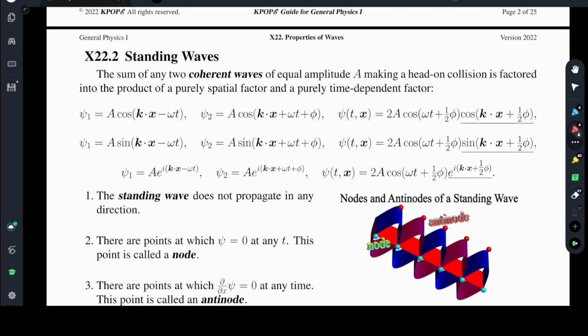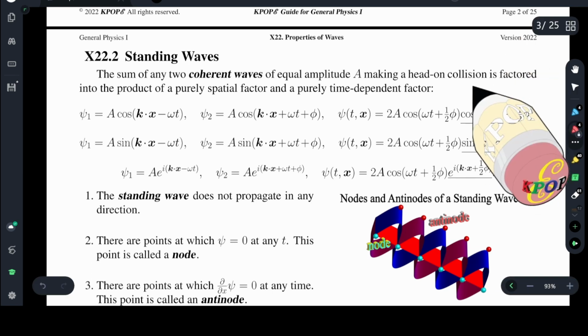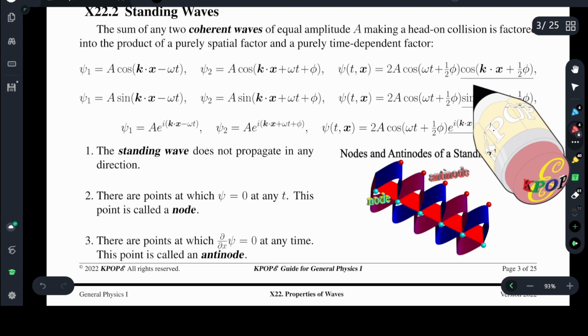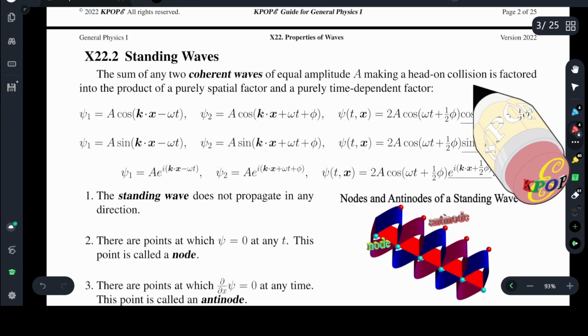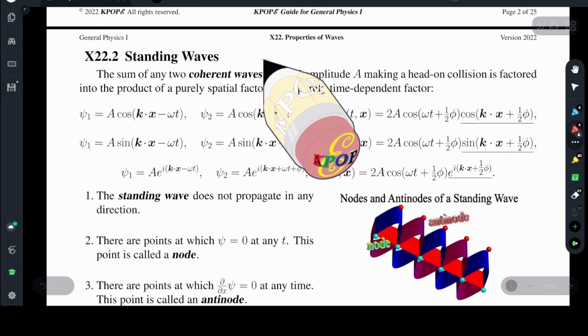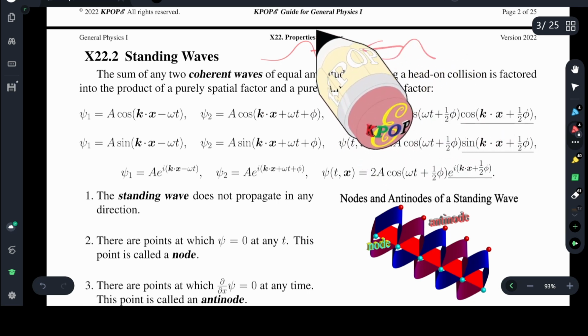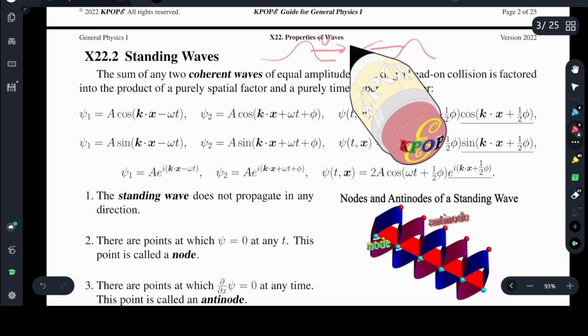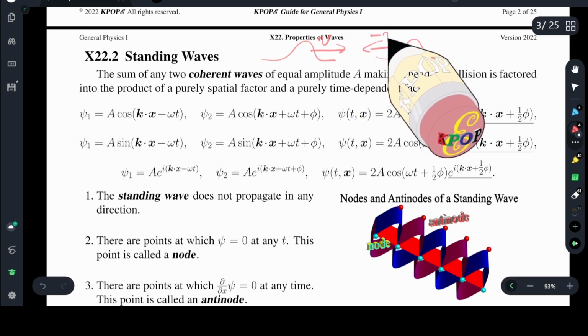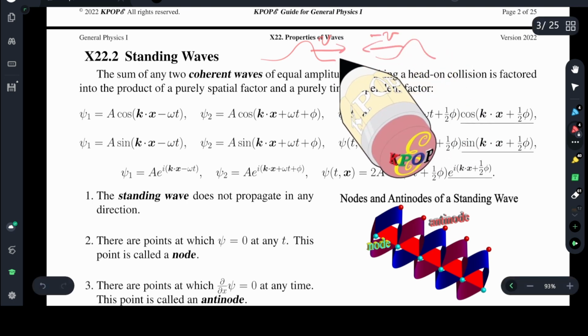Another interesting feature of interference patterns is the standing wave. A standing wave comes from a collision of two waves. One wave is propagating to the right, and the other wave is propagating to the left.